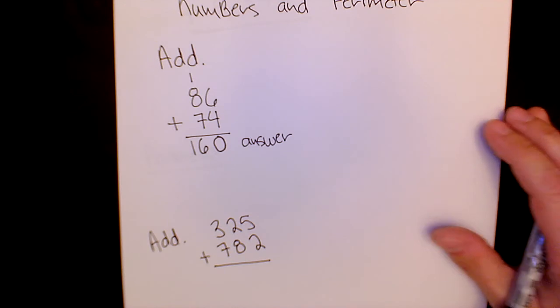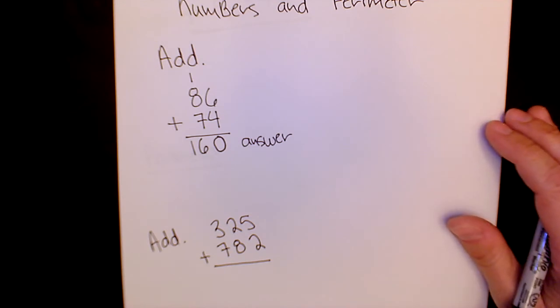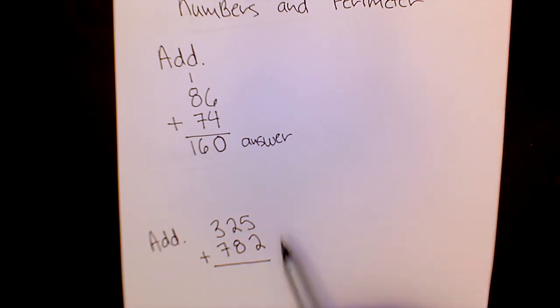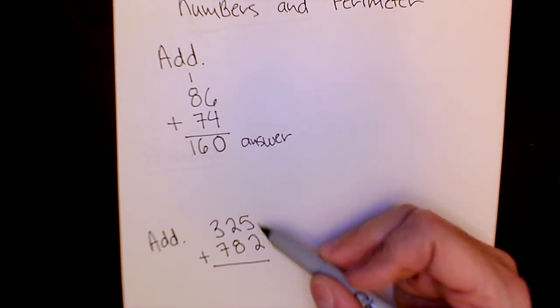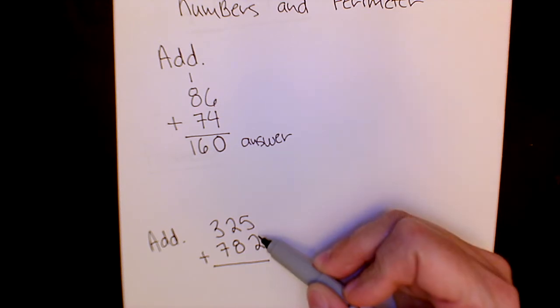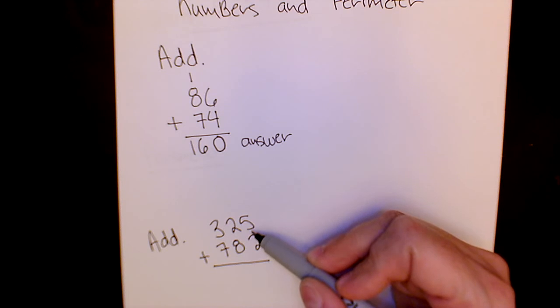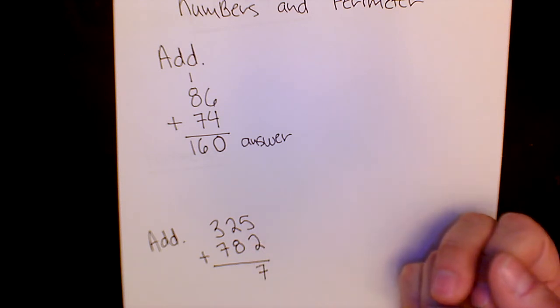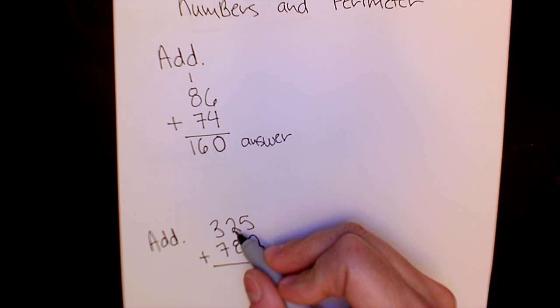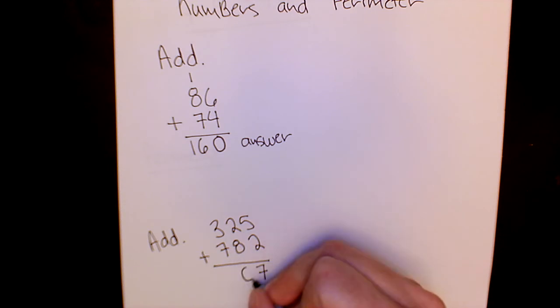Okay, we've got another one. We're adding 3 digits now instead of 2. 3 digits and 3 digits. So starting again from the right, 5 and 2 is 7. Next column, 2 and 8 is 10.